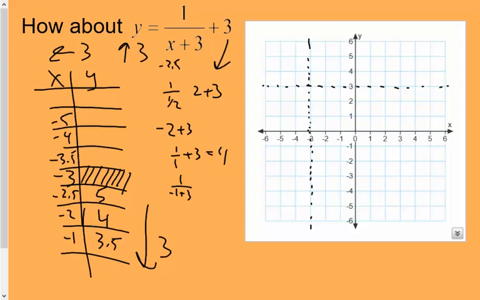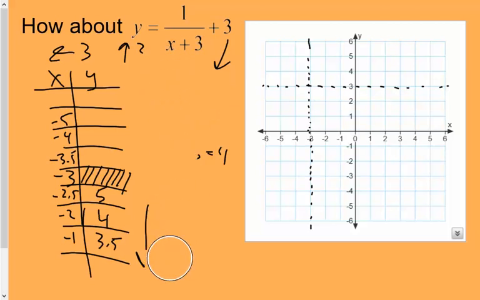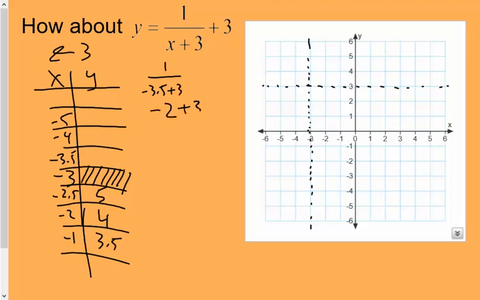All right, let's plug in. I'm going to erase this just because my notes get really sloppy as we go through this. Okay, -3.5. 1 over -3.5 plus 3 is 1 over -1/2, which is -2 plus 3 is 1. And then plug in -4, 1 over -4 plus 3. And it's just PEMDAS, it's just arithmetic.